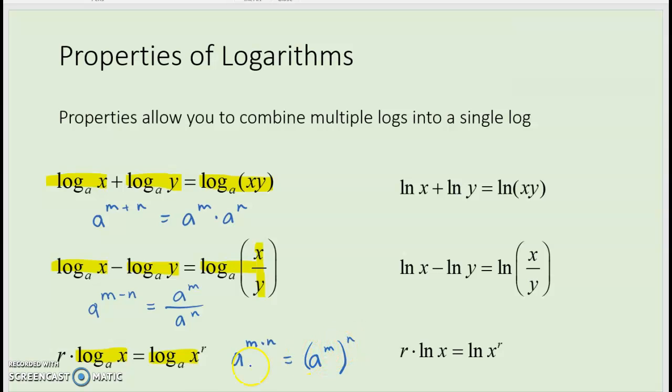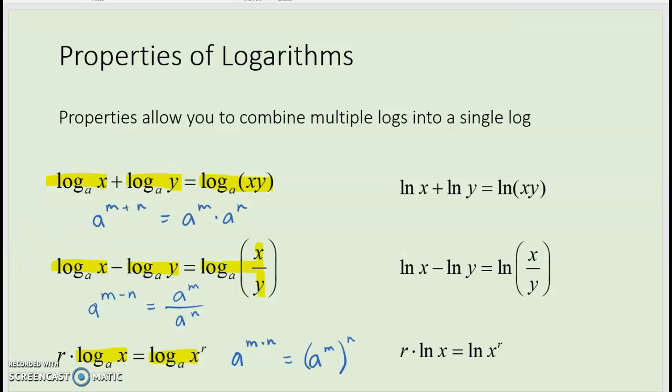So it's a power to a power, which is what we're doing here. Logarithm means exponent, and then we're going to raise it to the r, which was a multiplication. Keeping the rules I've highlighted handy is going to be useful when we try to solve equations. Likewise, it has the natural log version: r times natural log of x equals natural log of x to the r.